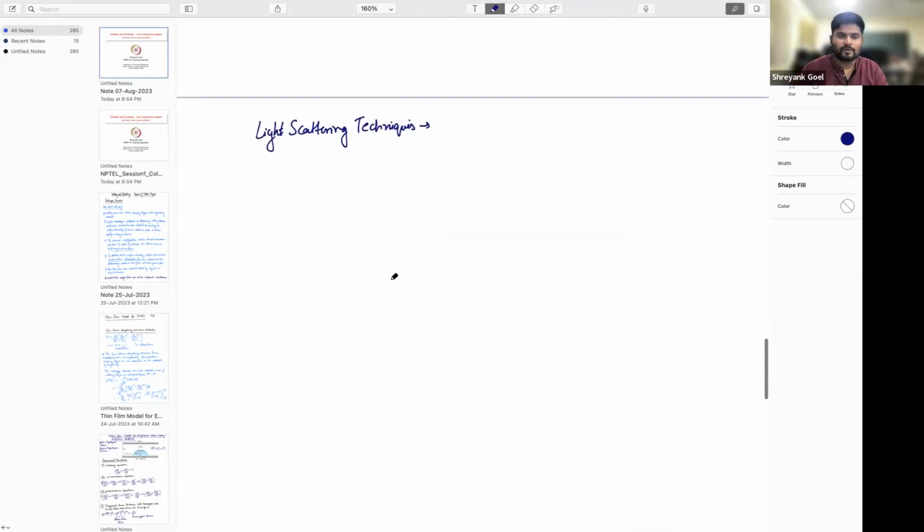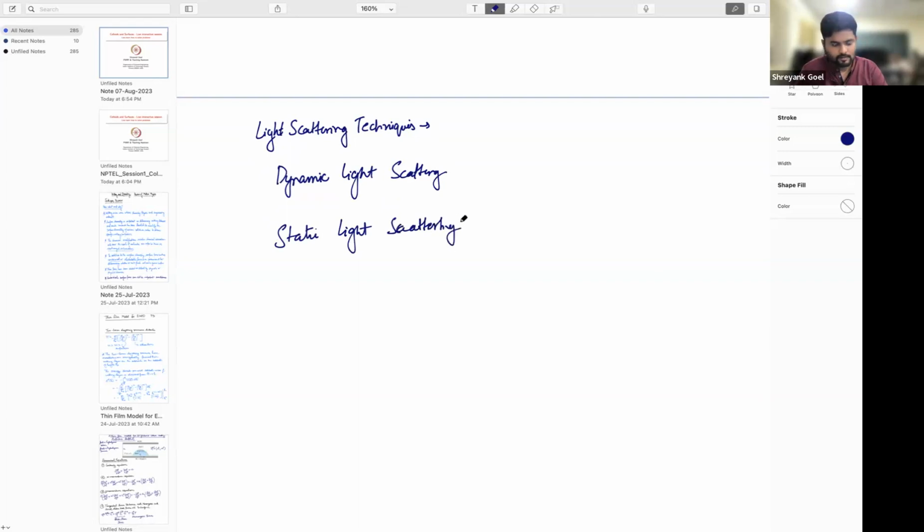So we have different kinds of light scattering techniques, that is dynamic light scattering and static light scattering.